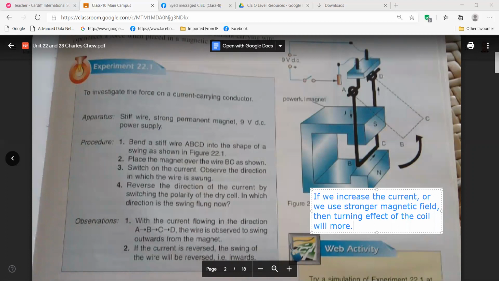Is it clear now? And in brackets you write Fleming's left hand rule. Wait, Fleming's left hand rule.